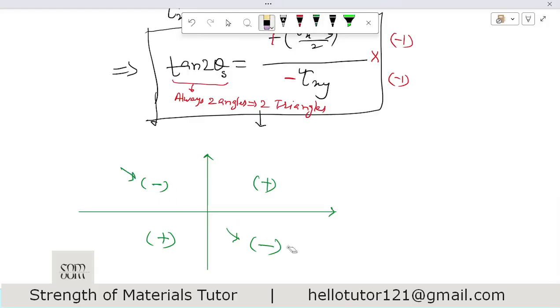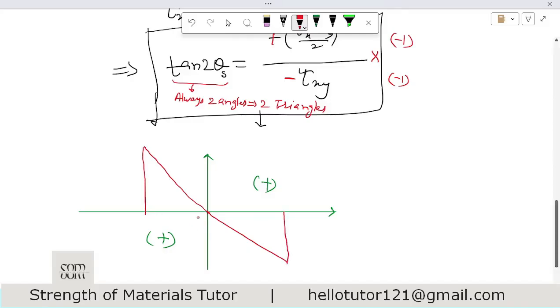So let us draw them here. So if we draw a triangle, but we need two triangles because we are going to have two values of theta s, so we will extend it this side. So these are our two symmetrical triangles. If this is 2 theta s, this is also 2 theta s, right?